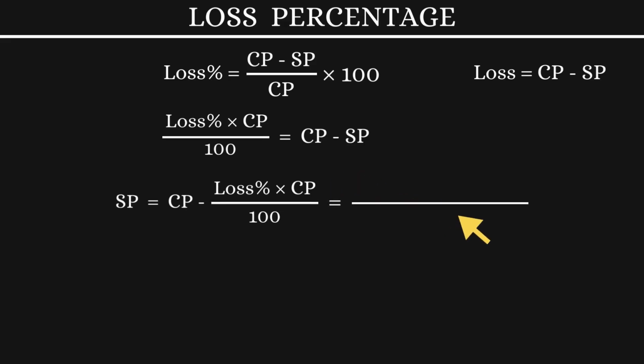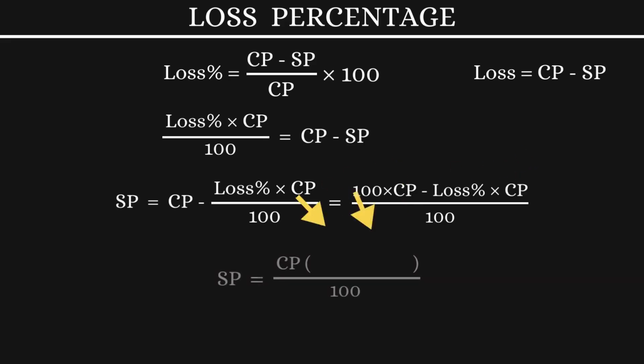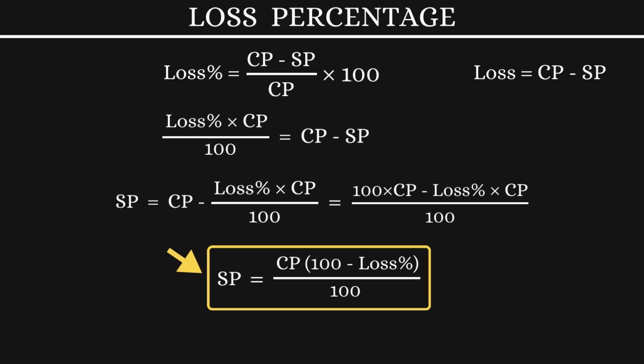Again, we can keep it as it is or simplify it further. Let's find the LCM, which is 100. On the numerator, we have 100 into cost price minus loss percent into cost price. Now we can say cost price is common among these two terms. When you take the cost price outside the brackets, we have the formula for the selling price. Cost price into 100 minus loss percentage divided by 100.